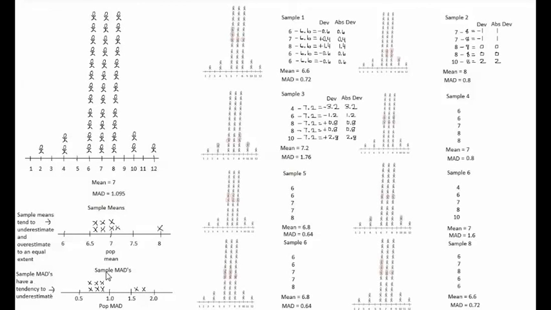Now, why does the sample mean absolute deviation have a tendency to underestimate the population mean absolute deviation? Why is it a biased statistic in that way? Well, the reason is because samples tend to have less spread than the populations that they come from. We can see here that the population numbers are spread out between 2 and 12 in this curve right here.